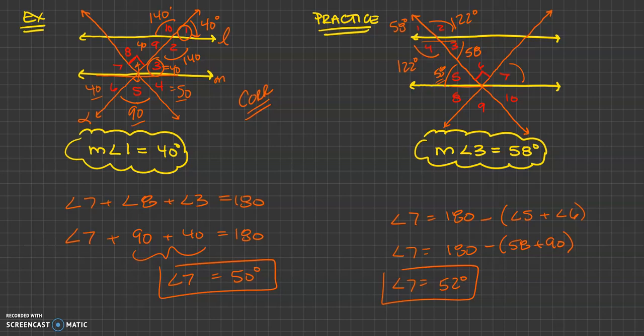And so from here, we know that if angle 7 is 52, that's 52. 9 is 90 because vertical angles are congruent. And that one is 58. We can double check our math. If I add 2 to 58, that's 60. That's going to give me... All right, so this video is some proof that it's so easy to make math mistakes.